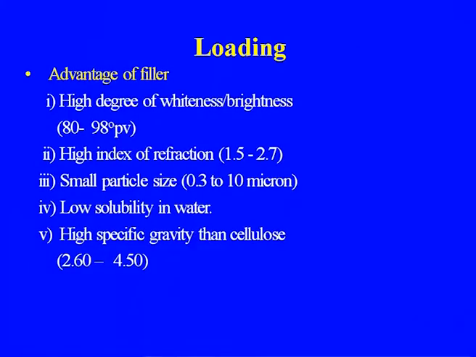The advantages of the filler: high degree of whiteness and brightness, because titanium dioxide or even precipitated calcium carbonate have high brightness, a high index of refraction, very small particle size, low solubility in water, and higher specific gravity than the cellulose.